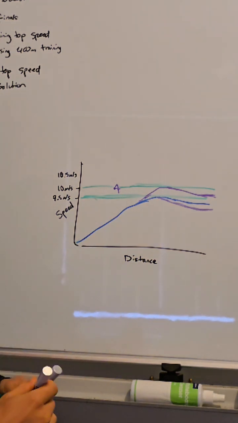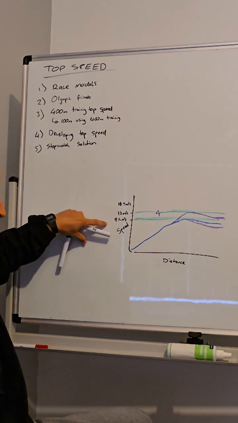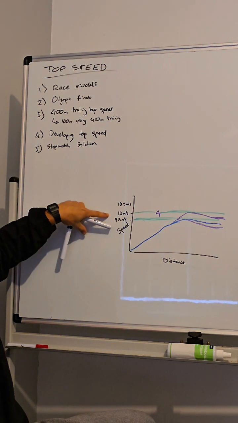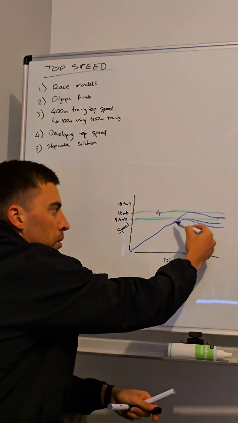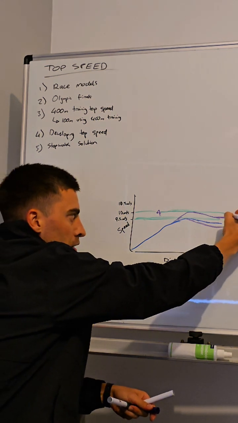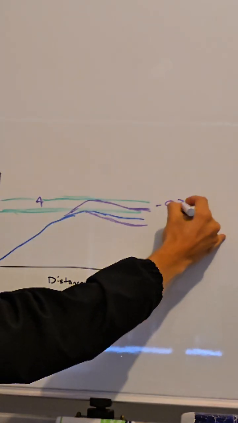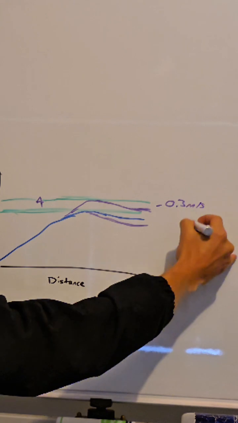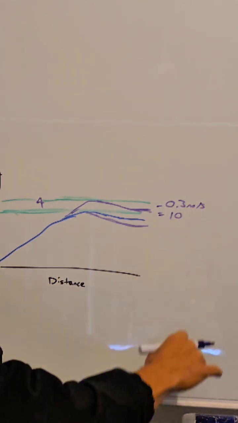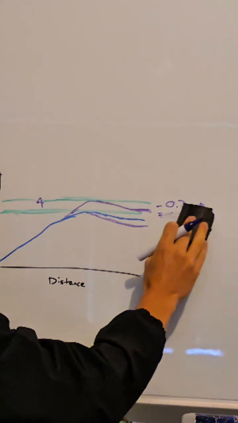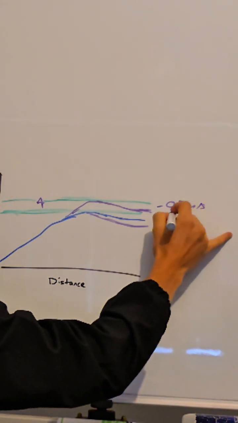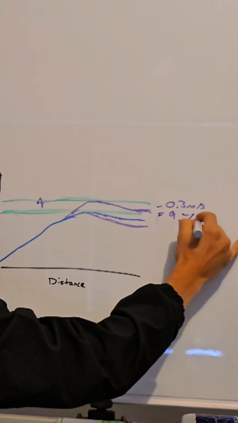Now, the key thing here is that in comparing them, so say they've taken 9.5 to 10 meters per second, they've taken their top speed up. They're still doing a really poor job at holding top speed. But here's the key. If we lose a lot of top speed, so let's say they lost 0.3, which is a lot, they're still moving at a higher pace than what it was before.